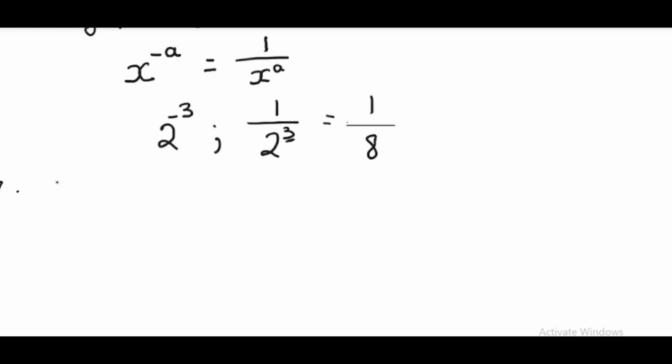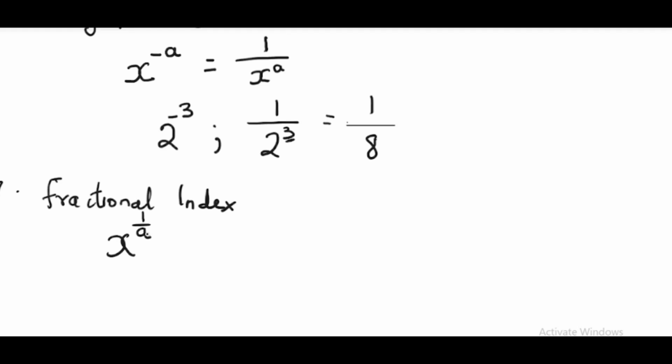Fractional index. Now this fractional index law is in 2 forms. The first one, if I have x raised to the power of 1 over a. Now in this case, I have a fraction as my index or my exponent.